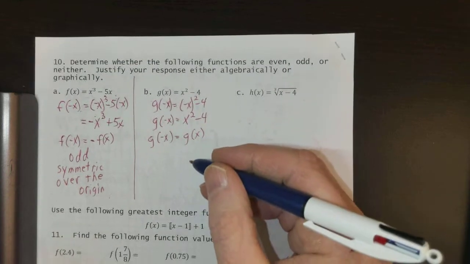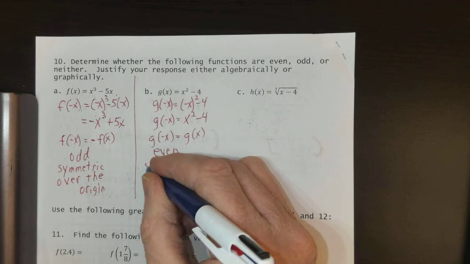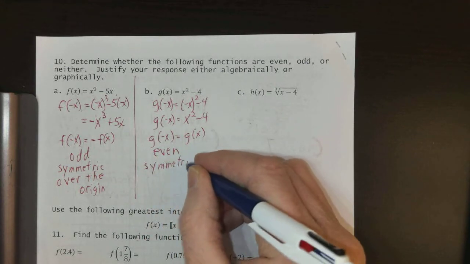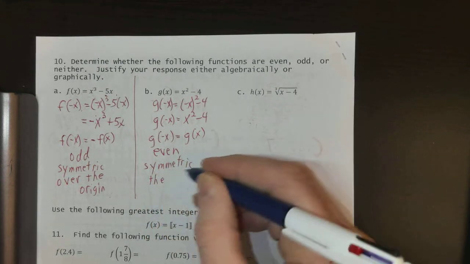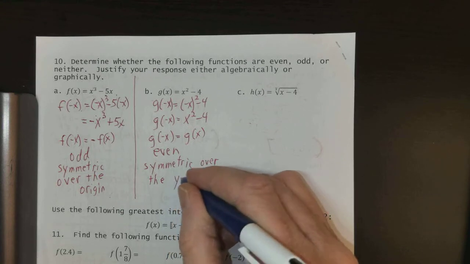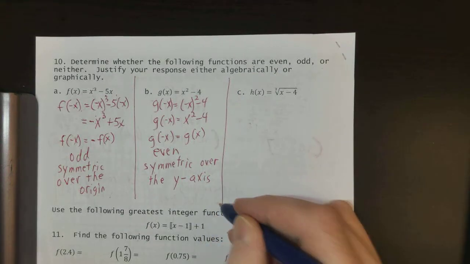Nothing changed there. So that's an even one, which means it's symmetric over the y-axis. I had to think for a second there. All right.